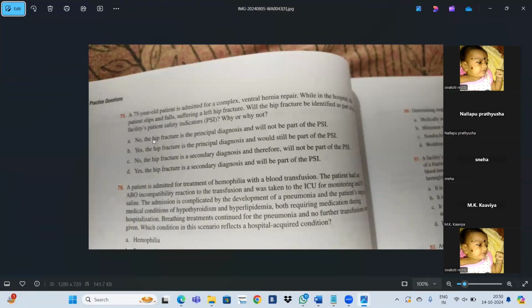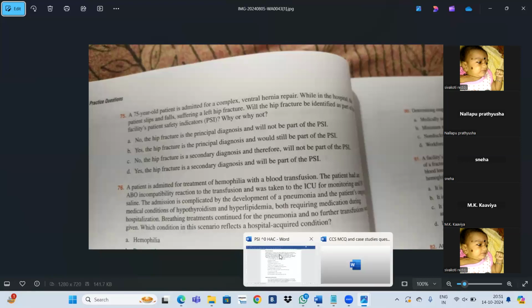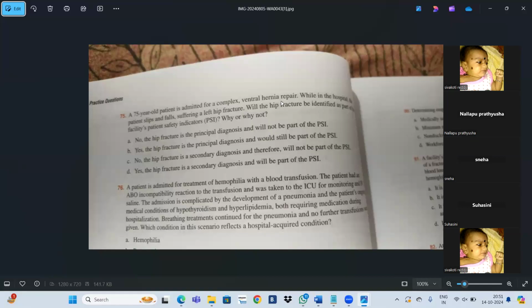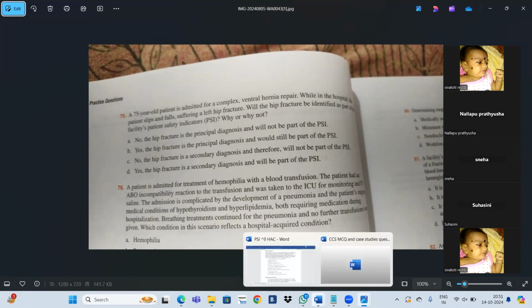So hip fracture is the secondary diagnosis and will be part of the patient safety indicator. Clear? What does PDX mean? Ventral hernia. The condition for which they are admitting is the PDX. The reason for the admission related condition is the principal diagnosis, meaning first listed.